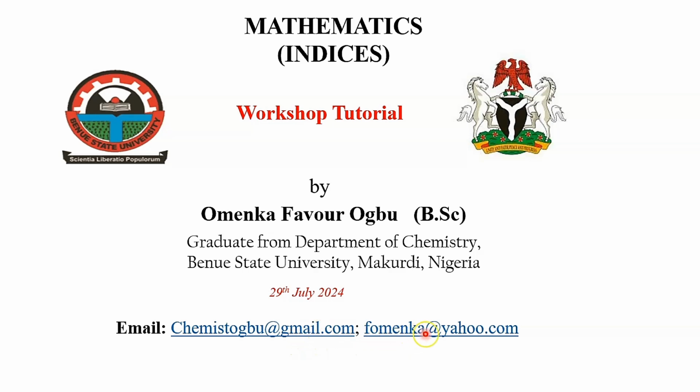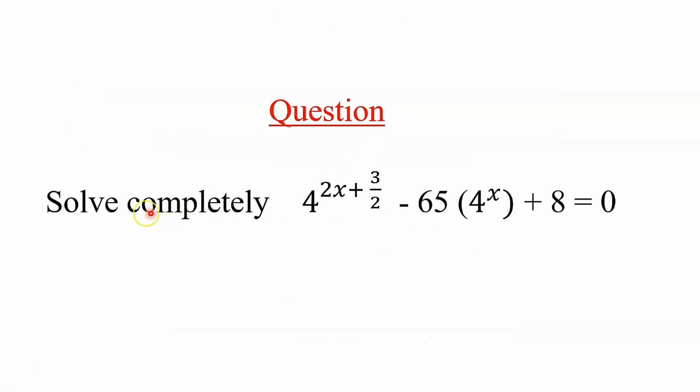So I'll be taking you through indices, solving some related questions using the application of the laws of indices. One of the questions you have here is: solve completely 4 to the power of 2x plus 3 all over 2 minus 65 into bracket 4 to the power of x plus 8 is equal to 0.